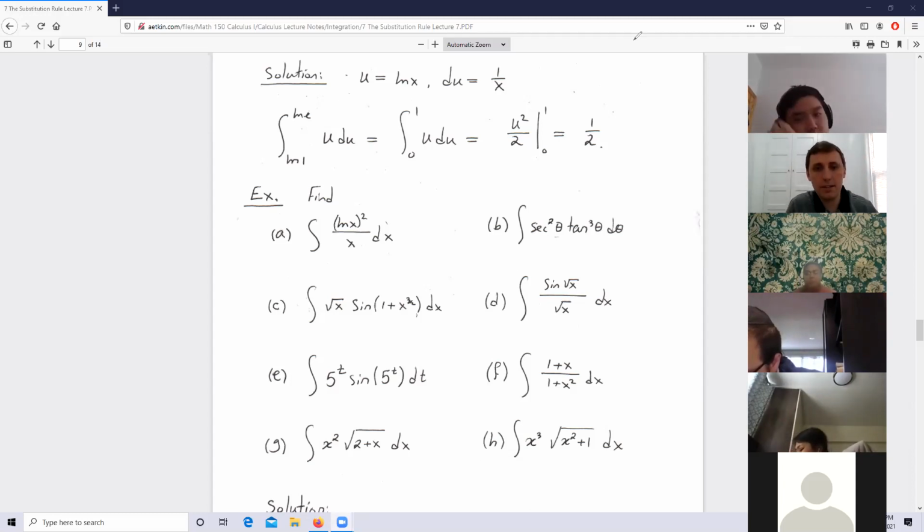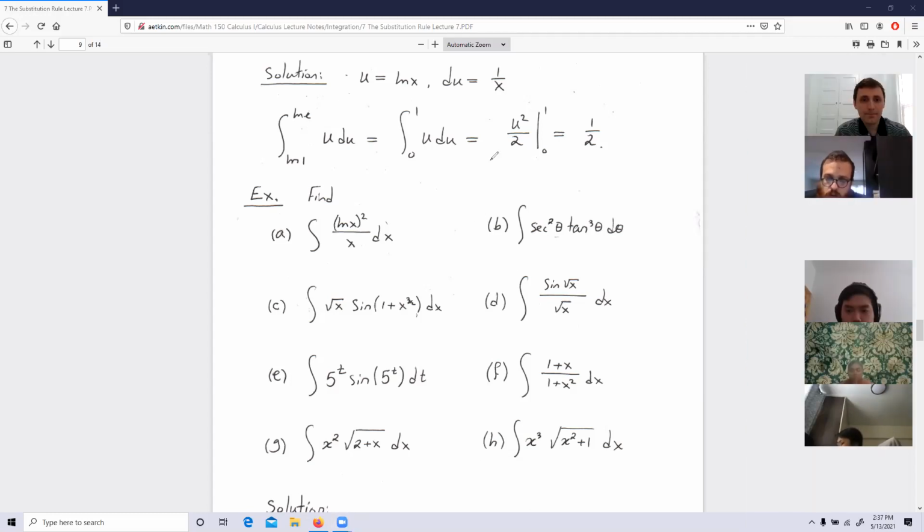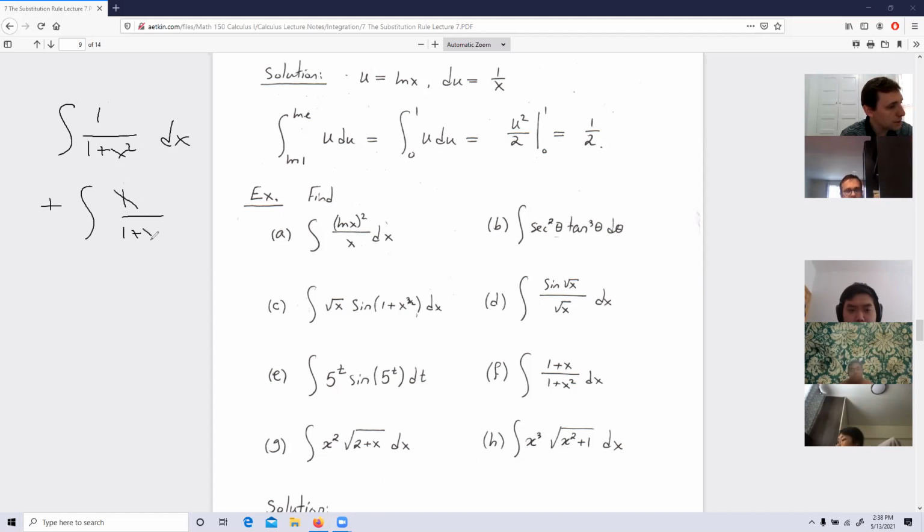All right, let's solve this then. We are doing F, guys. So I can break it apart into two integrals: the integral of 1 over 1 plus x squared dx plus the integral of x over 1 plus x squared dx. You agree?